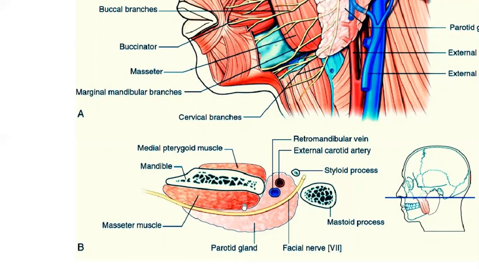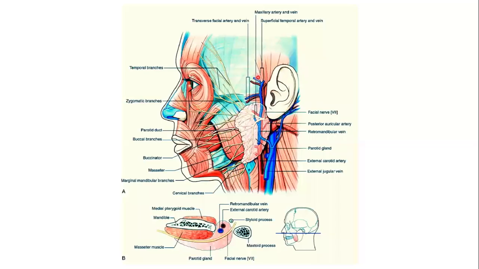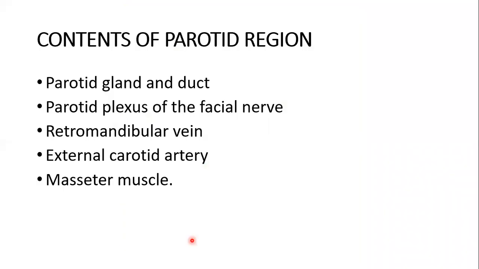Also very important is the facial nerve, the parotid plexus of the facial nerve, or the seventh cranial nerve. These are the most important contents, enumerated over here.